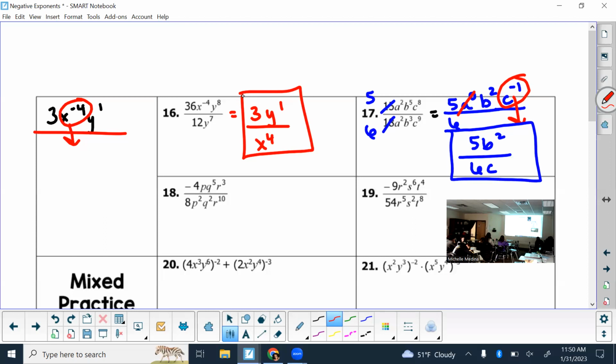All right, let's see. Table 6. What did we get for 18? So either tell me what you got, or we can do it piece by piece. Table 6. Okay, so then let's do it now. Alexa, what does negative 4 over 8 simplify to?